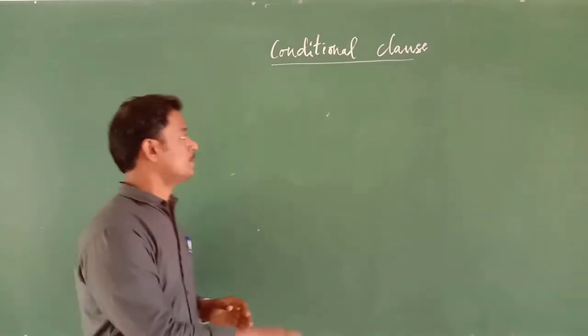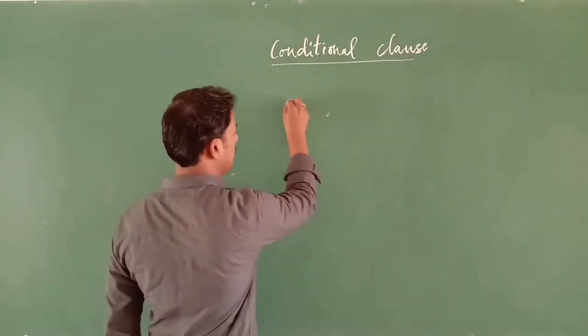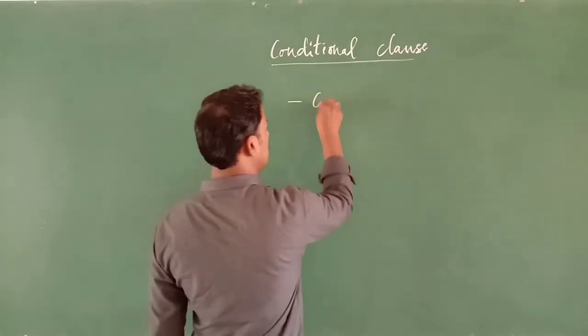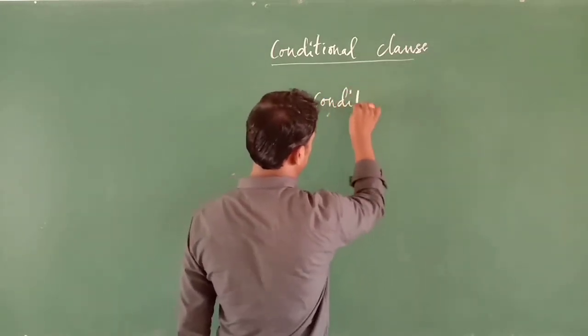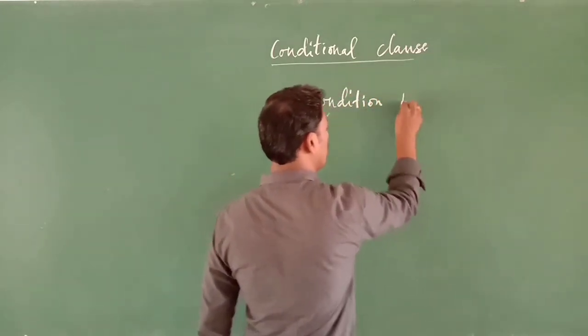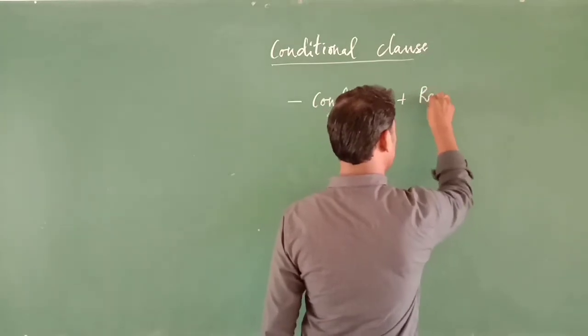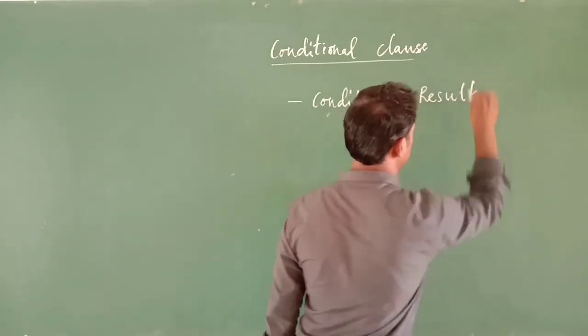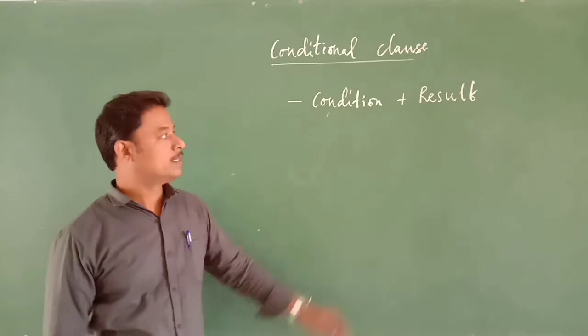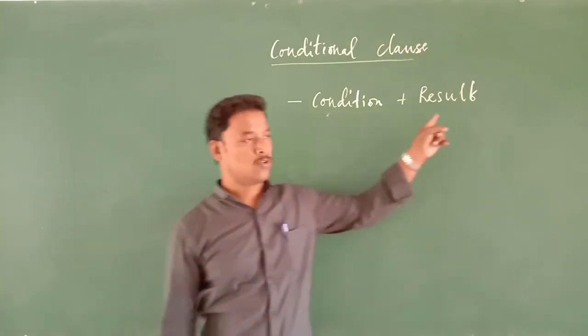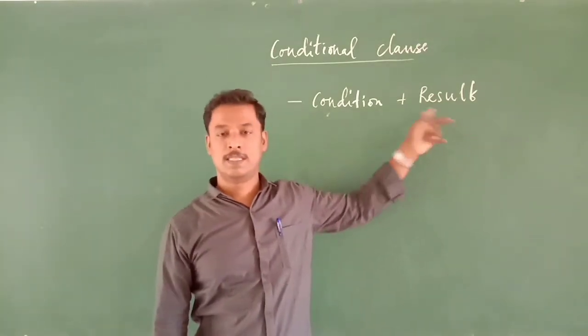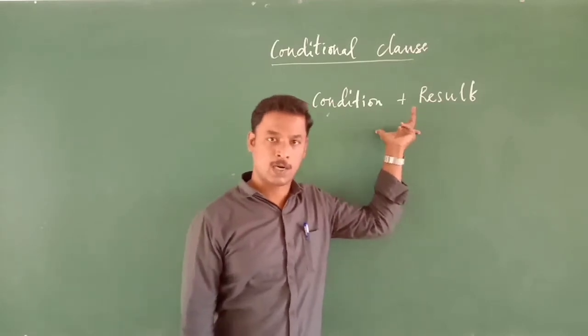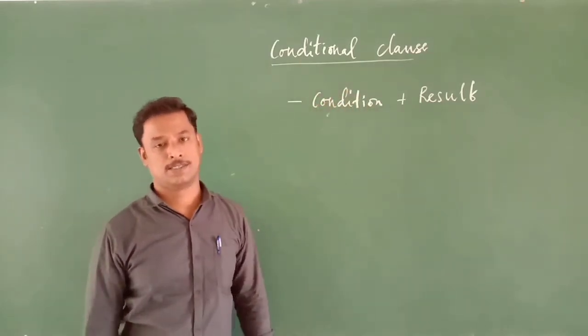Okay, right. So conditional clause means a condition which is followed by a result. A condition must be followed by a result. This group of clauses is called conditional clauses.